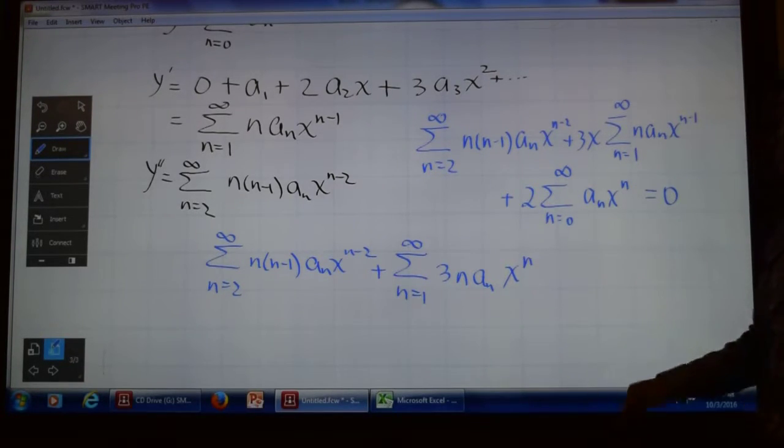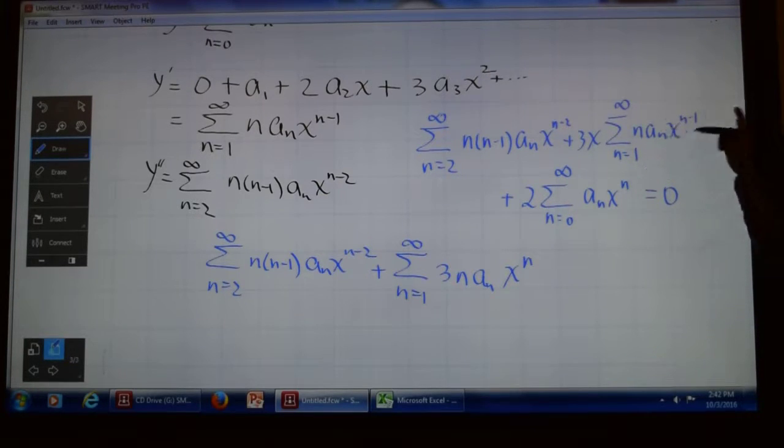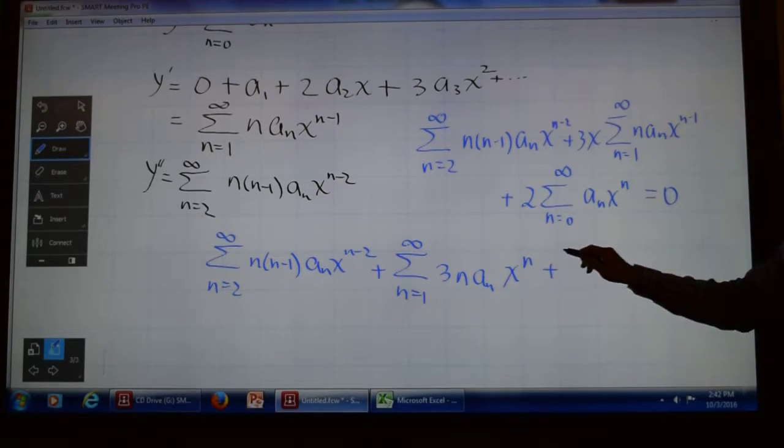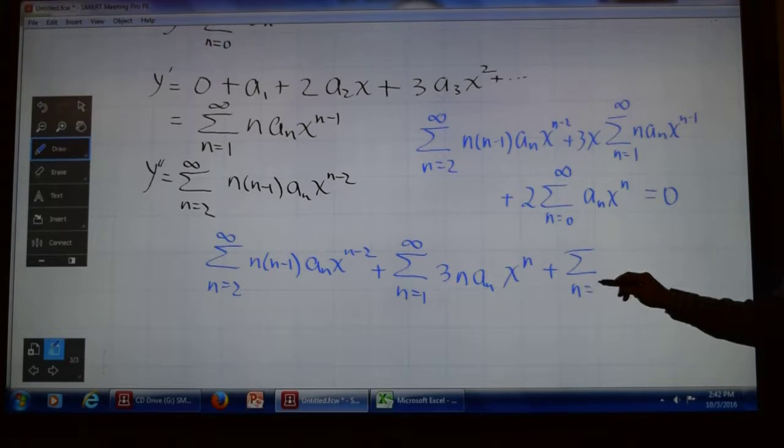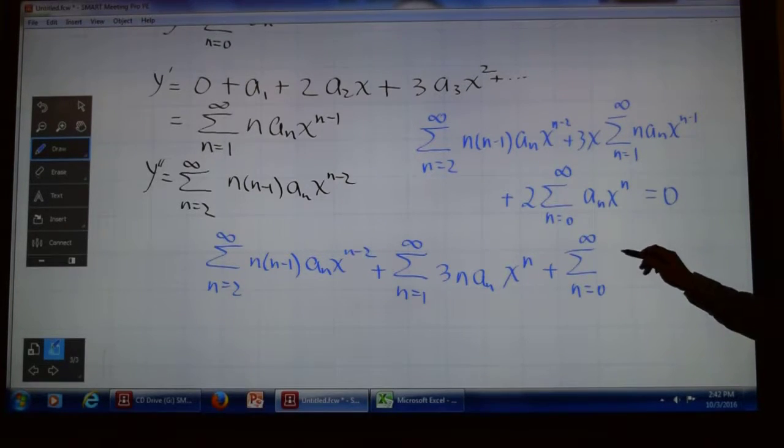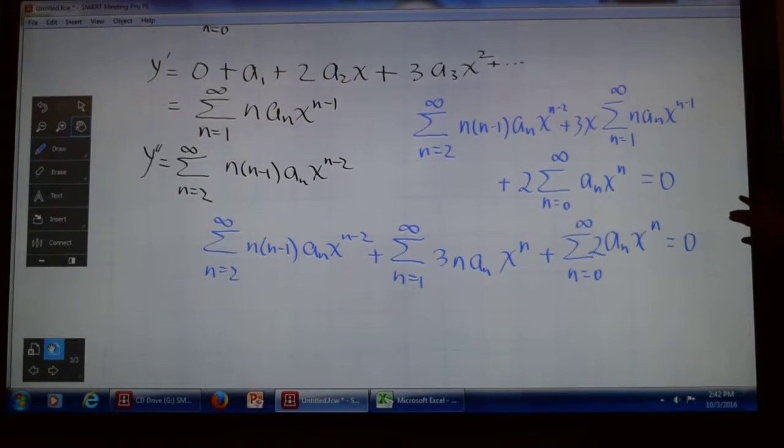It's just x to the n, right? Because this is x to the first power minus 1. And then plus sigma n equals 0 to infinity, 2 an x to the n, equal to 0. This is what we get.